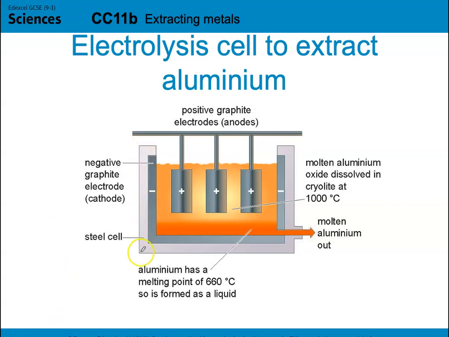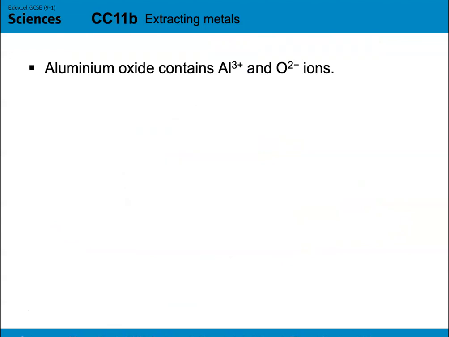We have a metal casing, a steel cell. We have a negative electrode, which is the cathode. We have a positive electrode, which is the anode. And you don't need to know all of these conditions, by the way. Aluminium oxide contains aluminium 3+ ions. Just to recap, aluminium is in group 3.